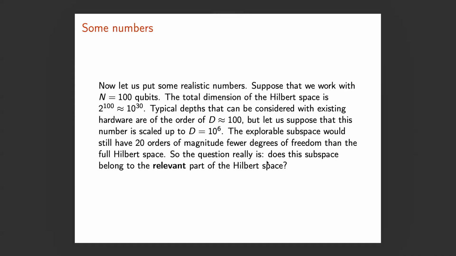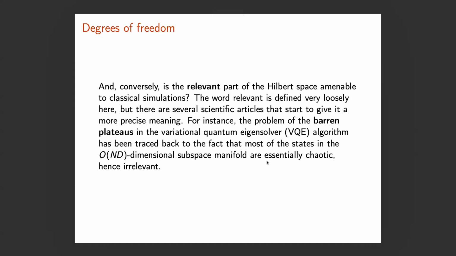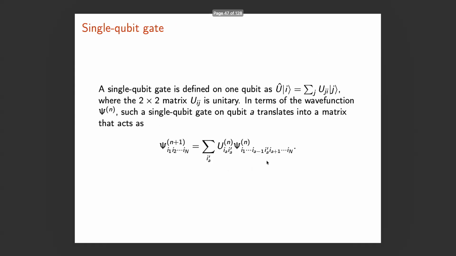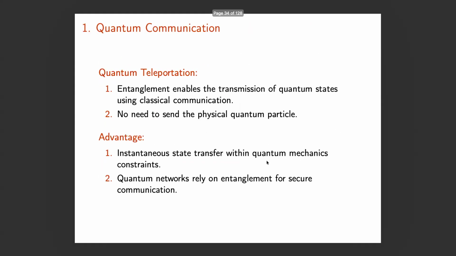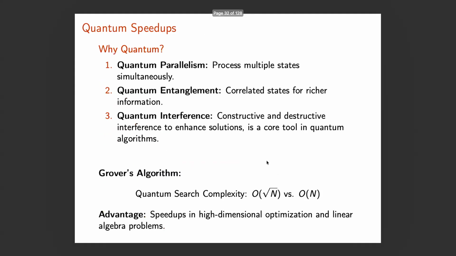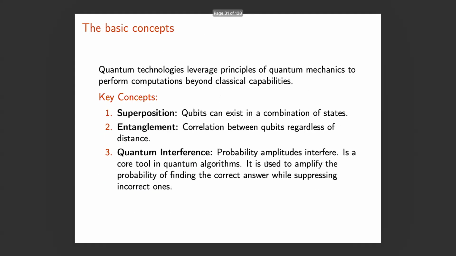Okay, so I'm going to skip. I just wanted to go back a little bit to some basic motivation here. When we look at quantum computing, there are some basic concepts which you will encounter again and again. One is obviously superposition. These qubits can exist in a combination of states.